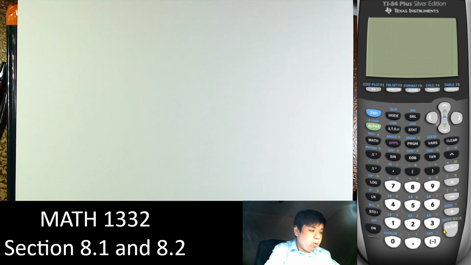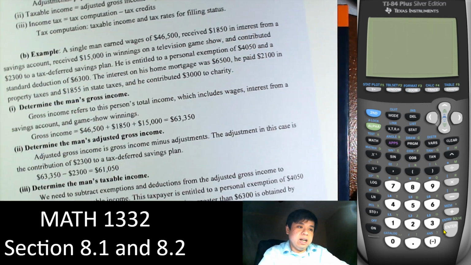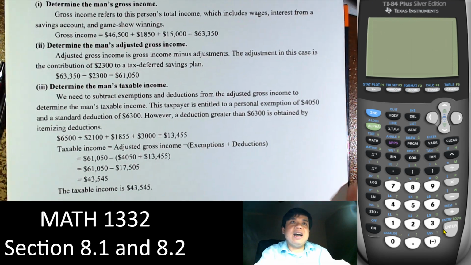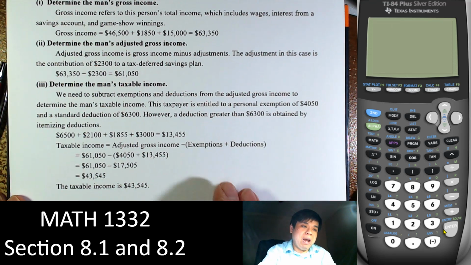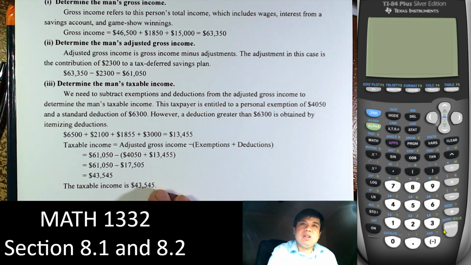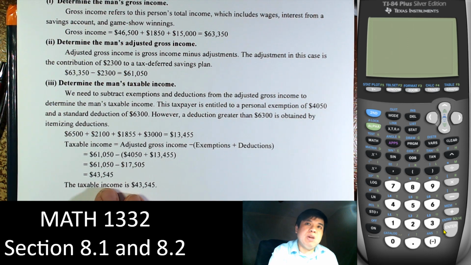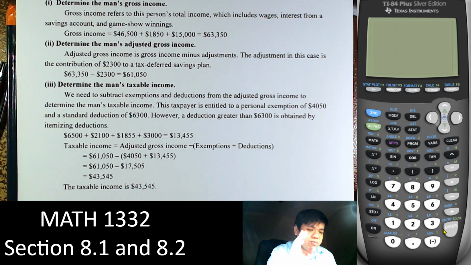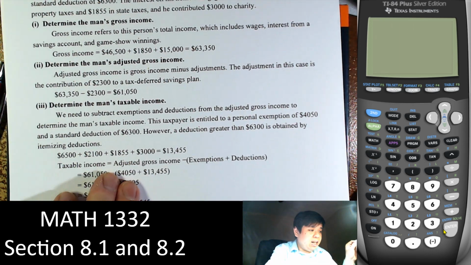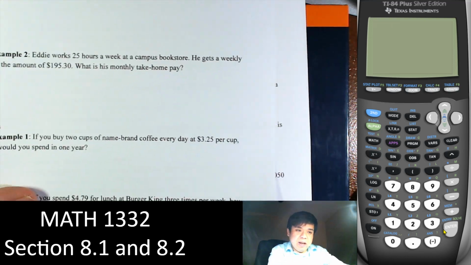On 8.2, the first question is about the income tax. That is too many moving parts, and the problem in the book is outdated information. So I'll let you read that. Now just go to the second page, and that's what we do now.